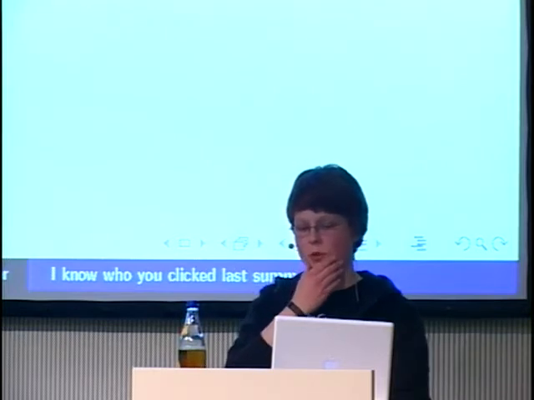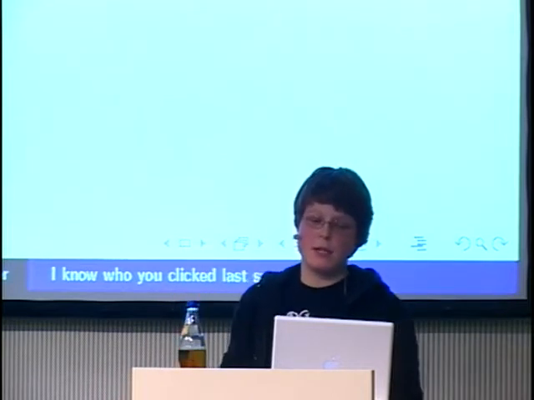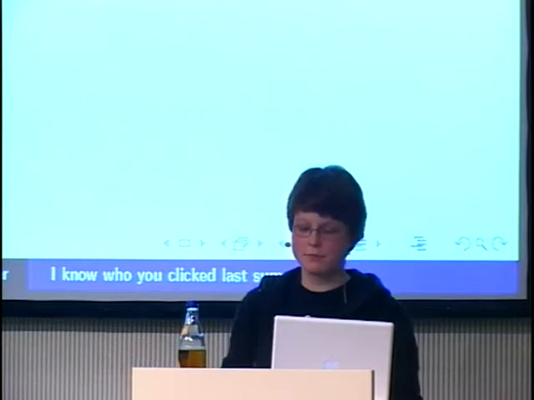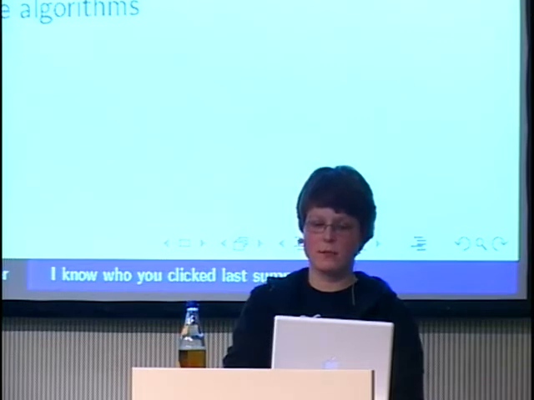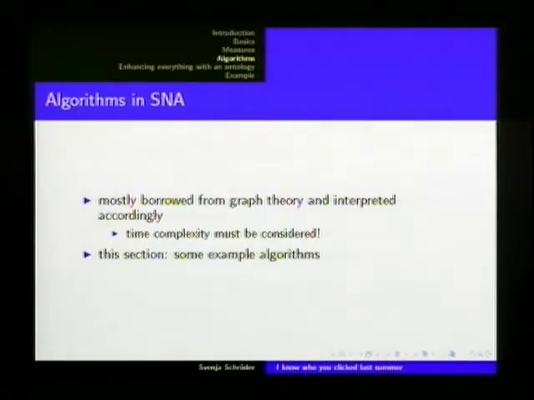Then I'm going to show you briefly only 2 algorithms, because I picked out 2 which I thought were very basic and very interesting. There are very many ways of computing things, so there are very many algorithms. Algorithms in social network analysis are mostly borrowed from graph theory, because a social network is, as I mentioned, a network and a graph.